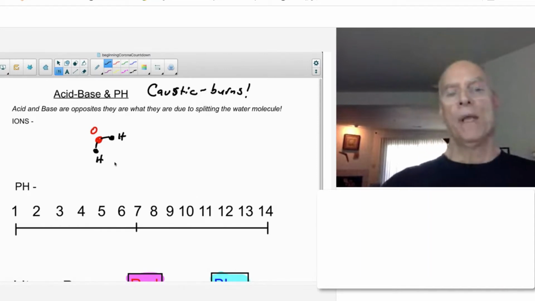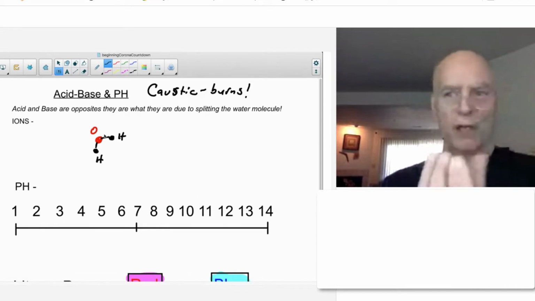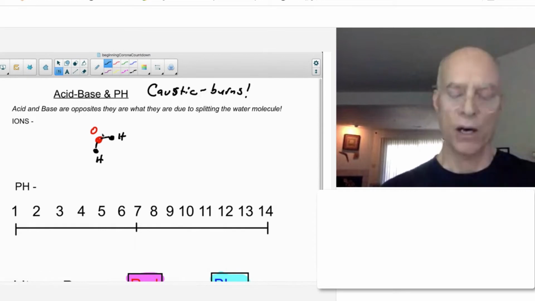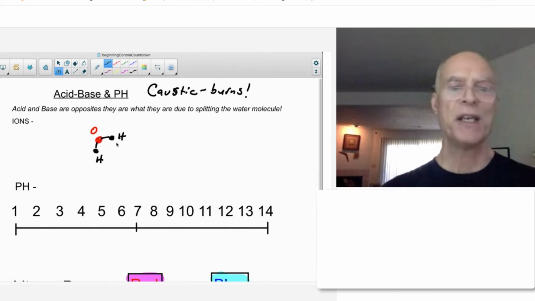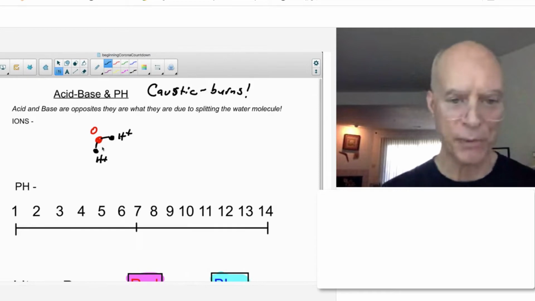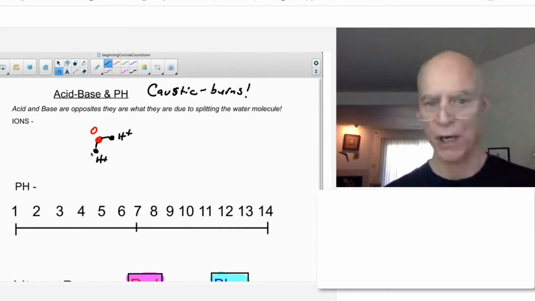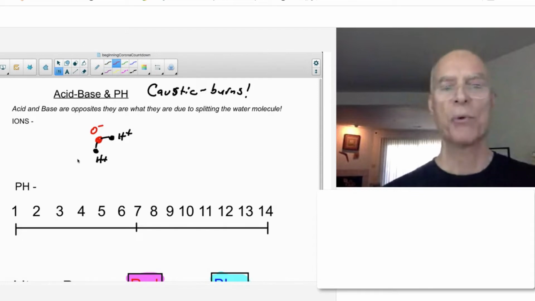So the hydrogens are really protons. Why? Because the oxygen kind of sucks all the electrons towards itself. It's an electron taker, so the negatives or the electrons are with the oxygen mostly. So these have a plus charge. And we talked about this before, the water molecule having charges on it. And then this one over here, I should put the negative here. So that's a water molecule.